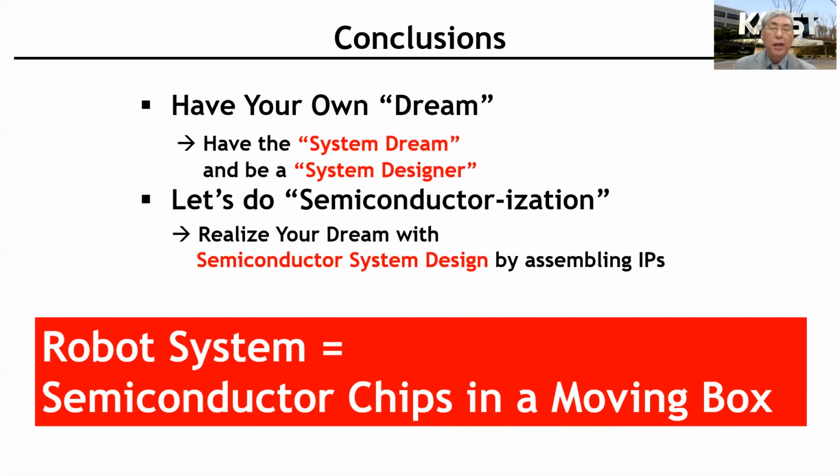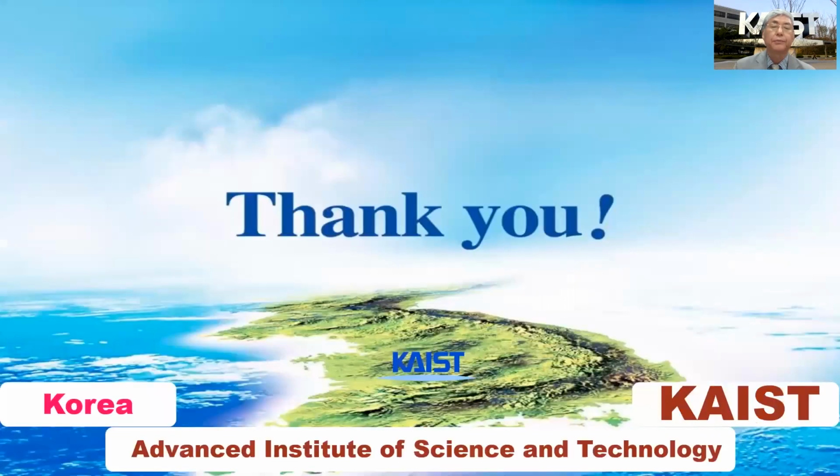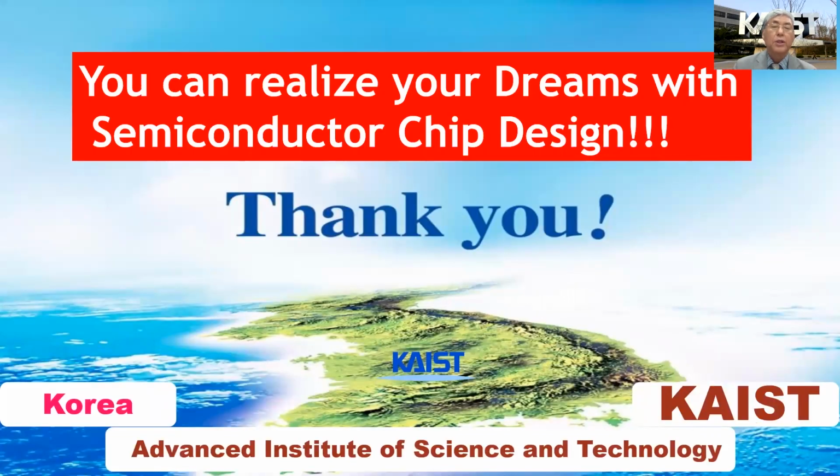And also, I explained a robot system is nothing but semiconductor chips in a moving box. So if your computer has legs or wheels, then it's a robot. And of course, the most important part is the semiconductor. So semiconductor is the key of the robot. So you can realize your dream with semiconductor chip design.